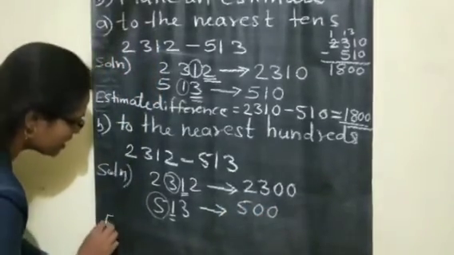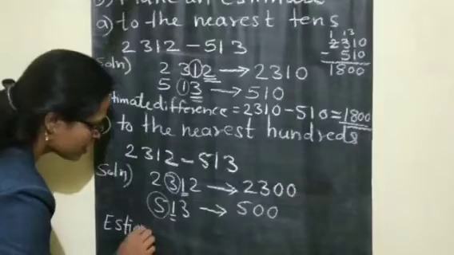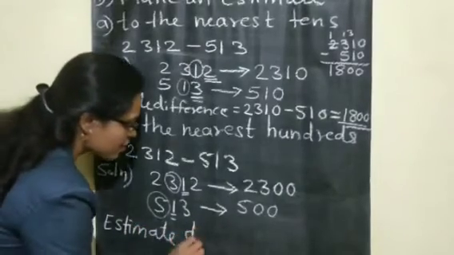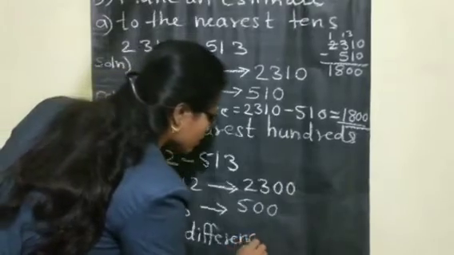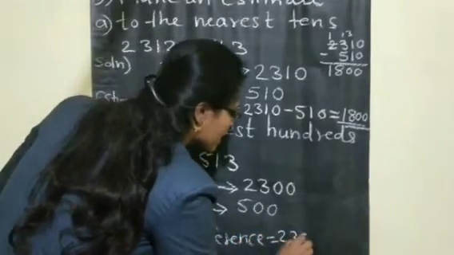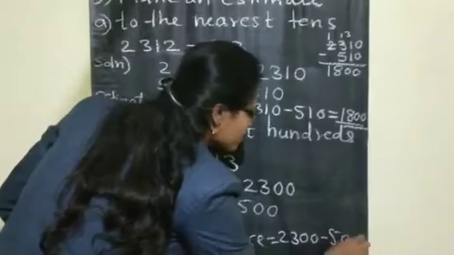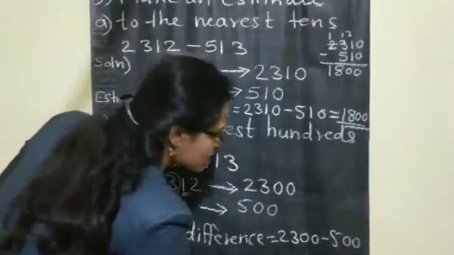Now estimate the difference. Estimate difference is equal to 2300 minus 500. You will get the answer, children.